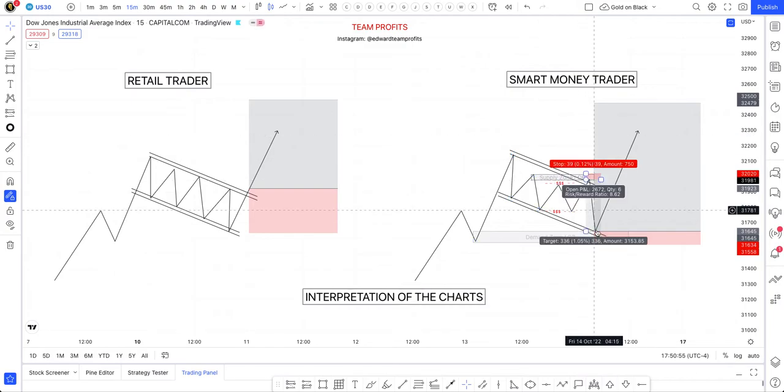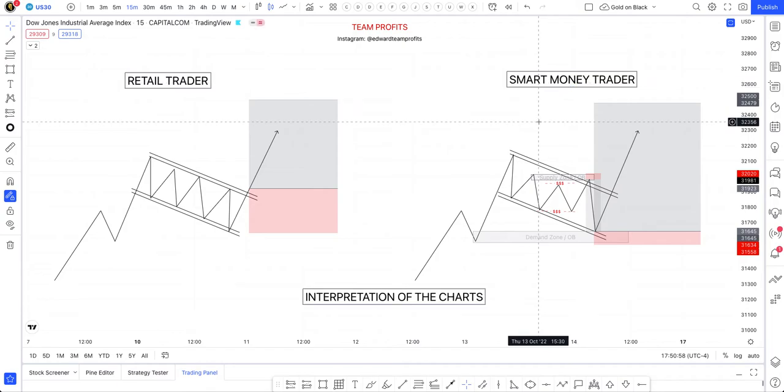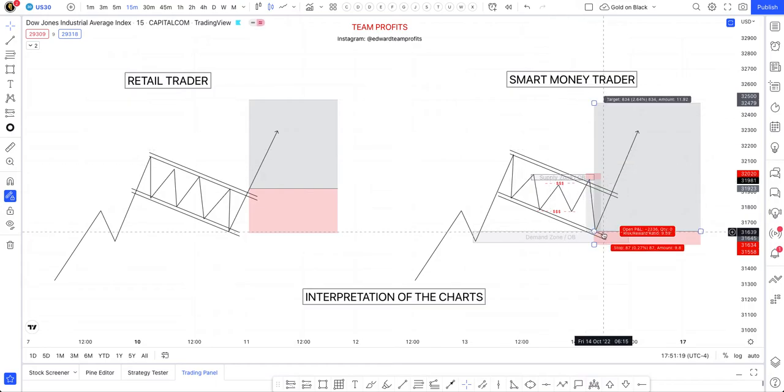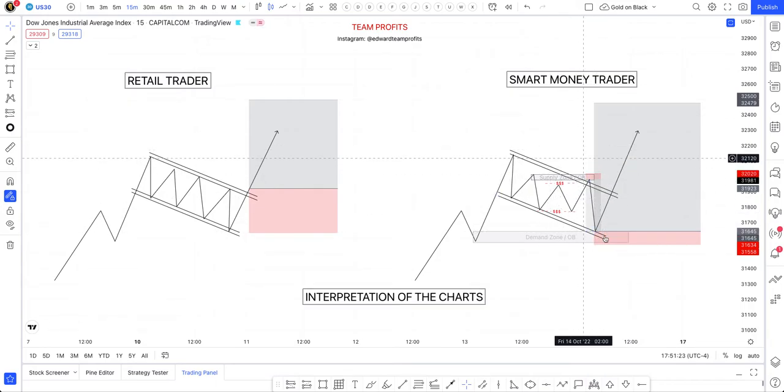These manipulations do happen, of course, but what I'm trying to say is there's nothing confirming that smart money concepts, this type of interpretation, is how the banks trade. This is just a concept. It's kind of like a myth, but it is nice to know that by trading this concept, the market can definitely give you really nice risk to reward ratios.